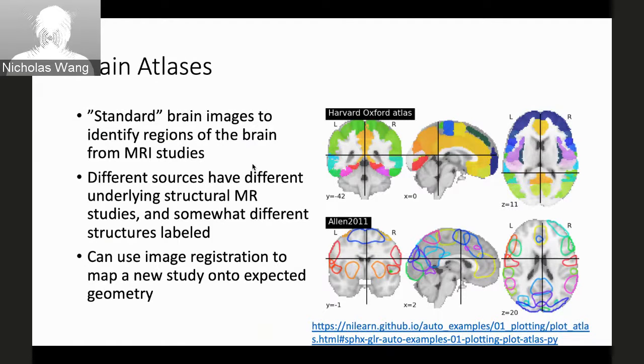And so the idea is you take a structural MR, such as the T1 weighted imaging sequence, and map it onto this brain atlas. So you could use that to identify different regions of the brain in your study of a particular subject as well.